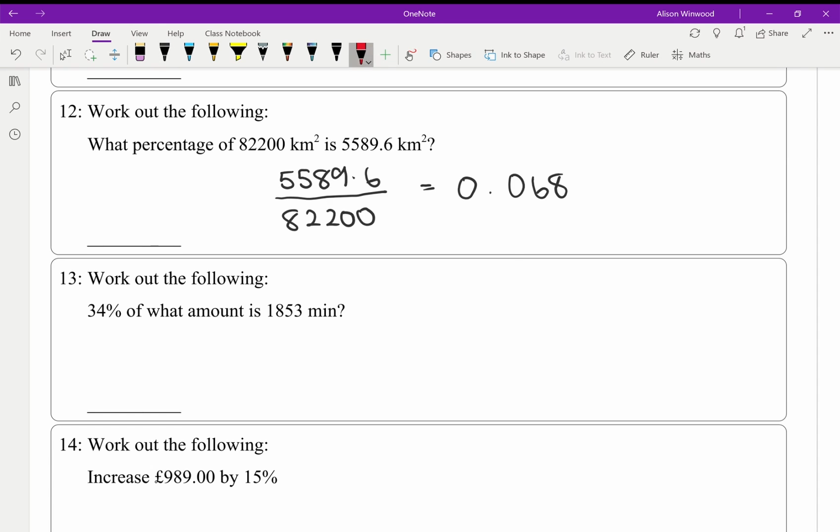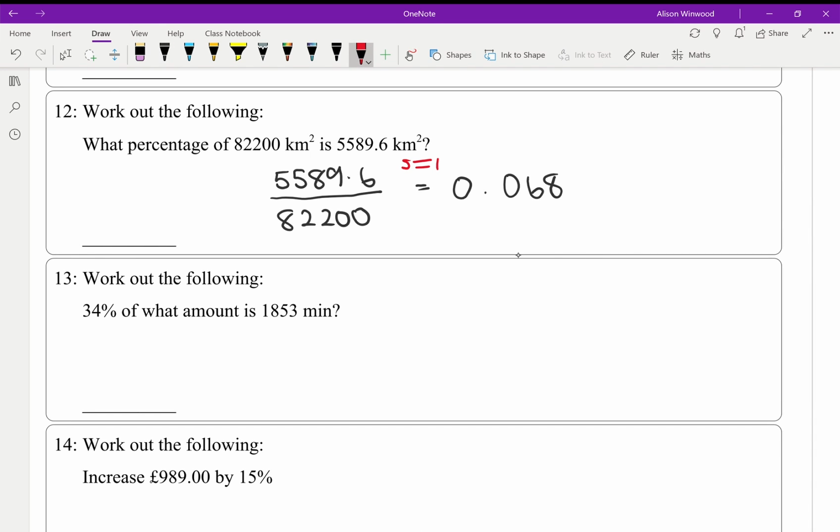SD on the calculator tells me it's 0.086 multiplied by 100 converts that to 6.8%.